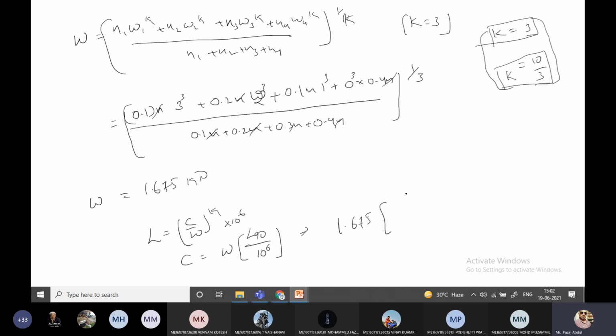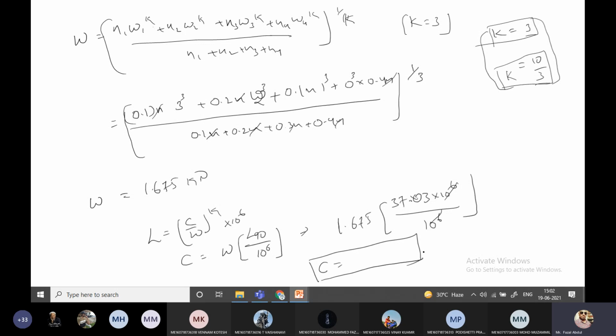For 90% reliability we got 37.03 into 10 to the power of 6, divided by 10 to the power of 6. So 1.675 into 37.03, how much? Tell me the value of capital C, the dynamic load rating.